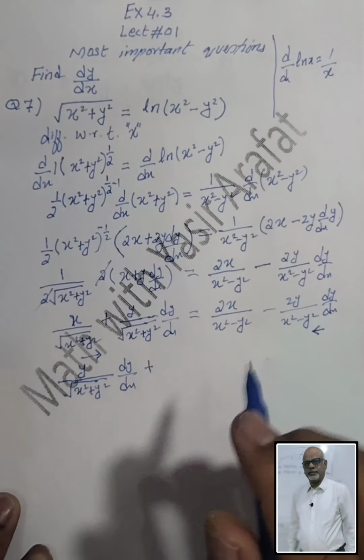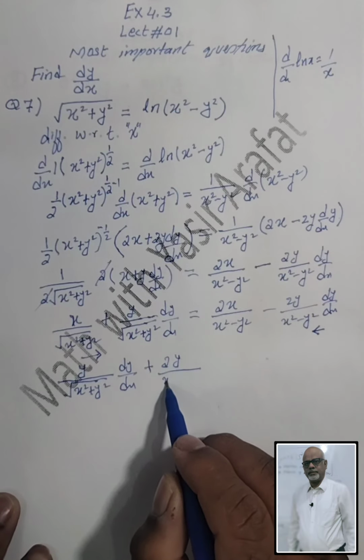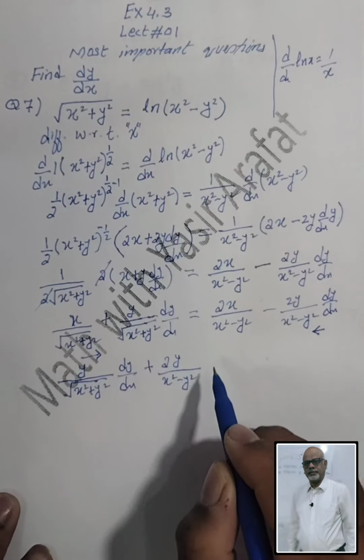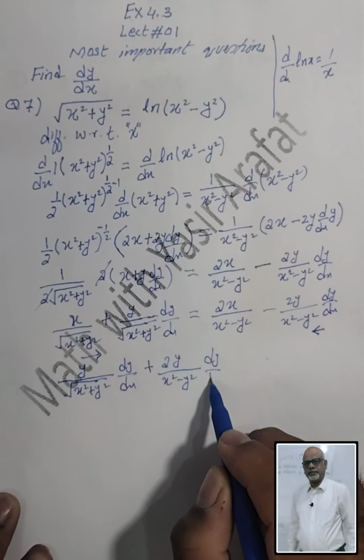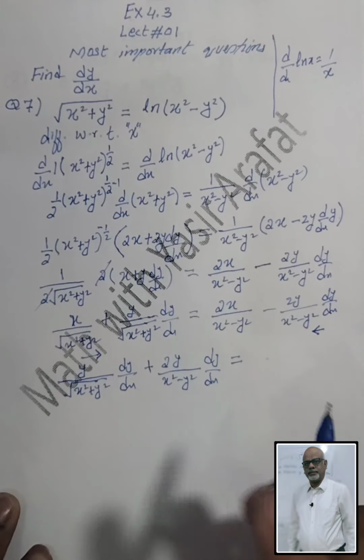This is minus, we have to shift here to the left hand side, so it will be plus x square minus y square dy upon dx. We have to shift this one to the left hand side.